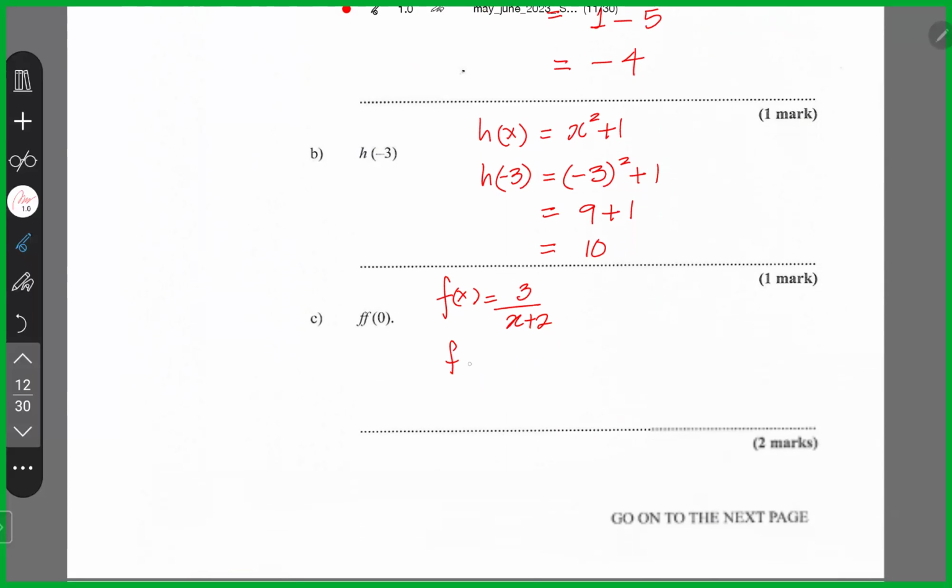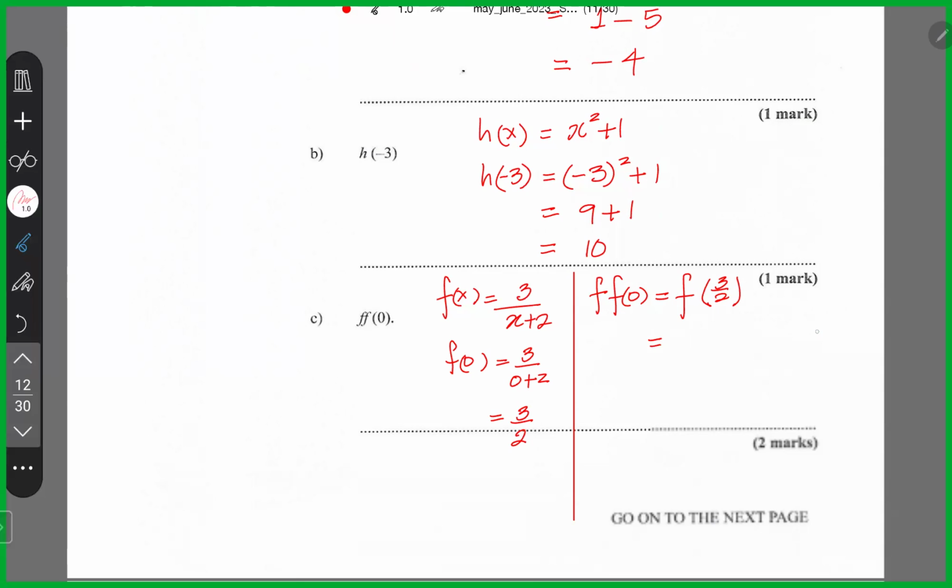So f of 0 would be equal to 3 over 0 plus 2, which is equal to 3 over 2, or 1.5. So therefore, f of f of 0 is the same as saying f of 3 over 2.